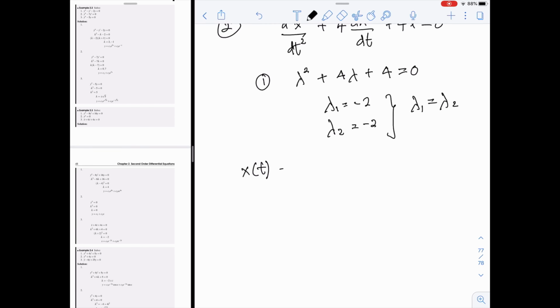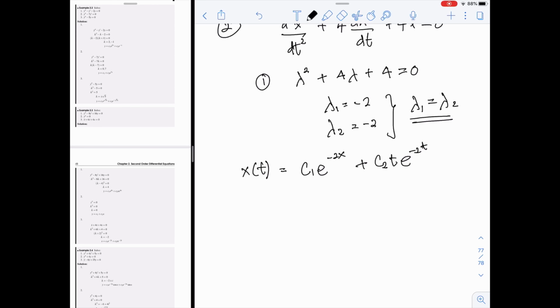and then you will have your general solution for x is C1 exponent, you can take any lambda over here, plus C2. Since here we have repeated roots, you need to add another factor, which is the independent variable, t. So t over here, exponent negative 2t.